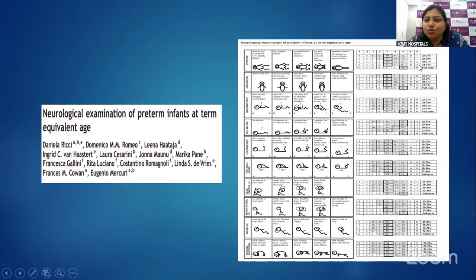These are the scores you can give. If the child is falling in between, of course, you will give 0.5. And if the child is having the posture of 2, you can mark it here at 2.